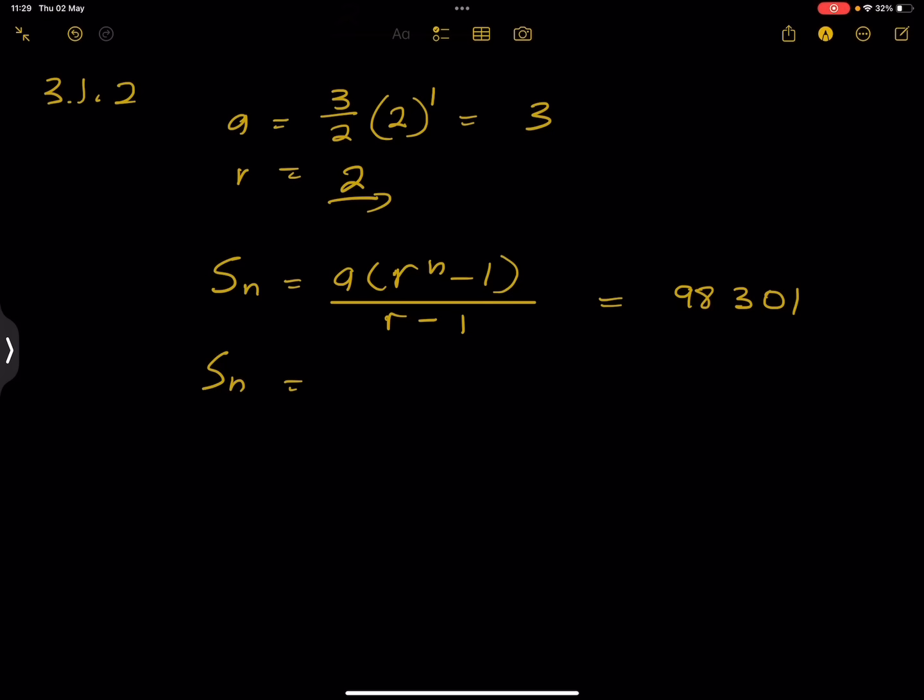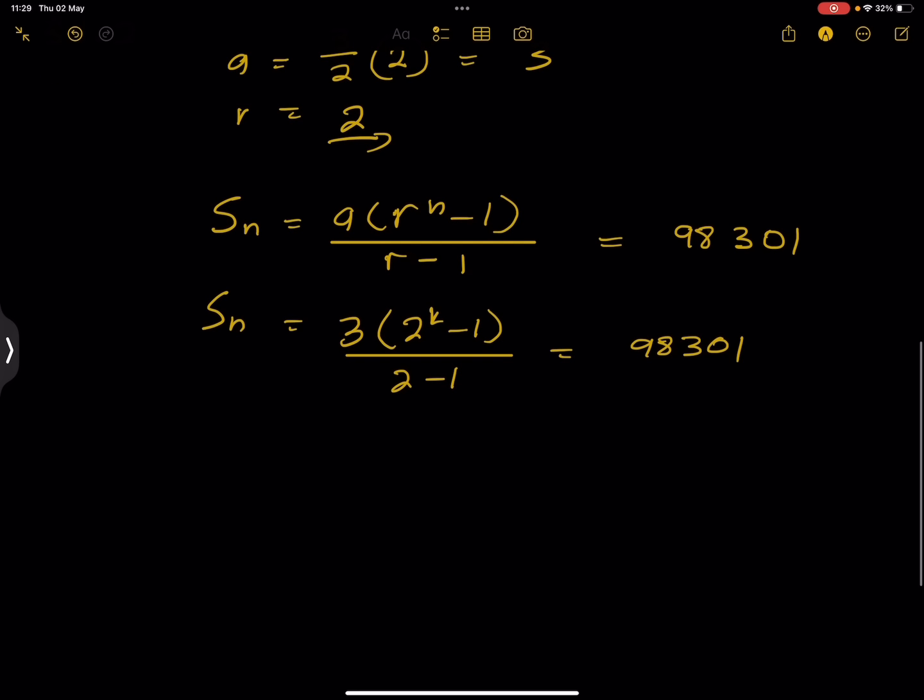So I'm just going to substitute there. Our a value is 3, that's 2 to the k minus 1 over r, which is 2 minus 1, and this should equal 98,301. Right, let's try and solve there as quickly as possible. 2 minus 1 is 1, so I end up with just 3 into 2 exponent k minus 1 equal to 98,301.